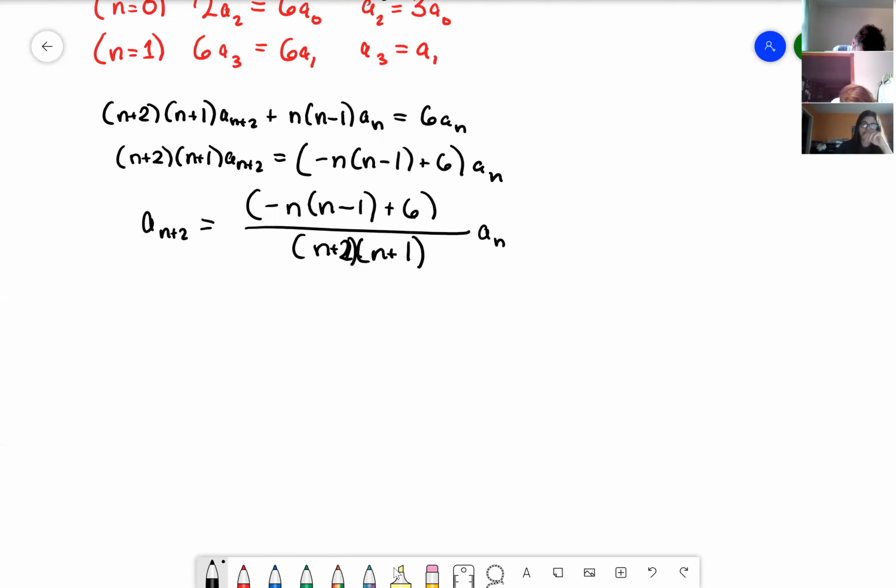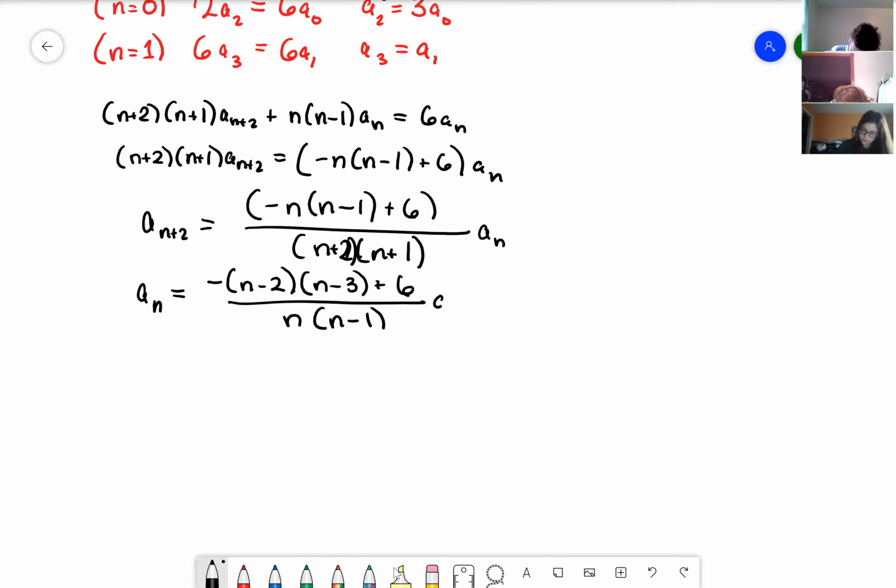Now I'll do a re-indexing step. an is equal to, I'm replacing n with n minus 2, so that's minus n minus 2 times n minus 3 plus 6 over n times n minus 1, a(n-2). And now I'll fix the numerator. I'll pull the negative out.